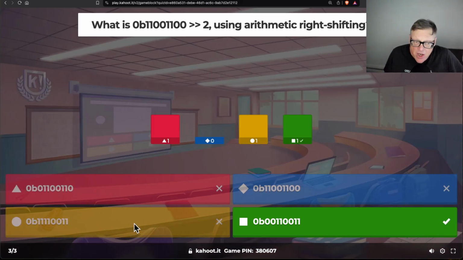It's going to be this yellow one because with arithmetic right shifts, you shift everything to the right and you copy the most significant bit over and over. So you're going to start with 2 1s, and after you shift twice, you're going to have 4 1s. And this is the only one with 4 1s. So you'll have 4 1s, 2 0s, and 2 1s. There it is. All right.